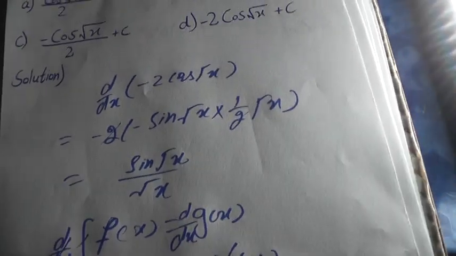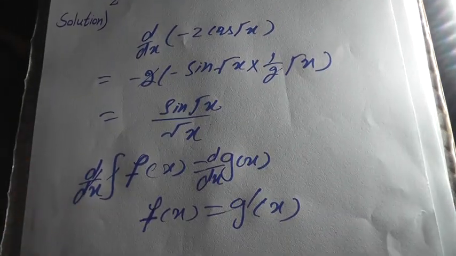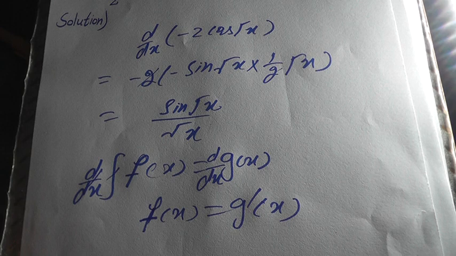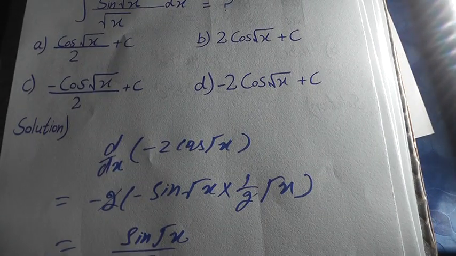That means that if we take the derivative of the given options, it gives the integrand of the given question. So our D option is the right option. You can also check the other options. You can see that our other options do not satisfy the given question. So our D option is the right option.